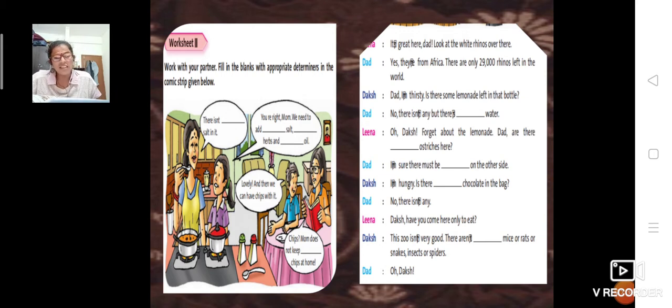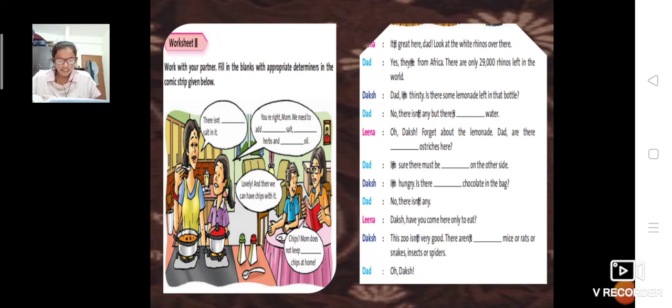Daksh says, I'm hungry. Is there dash chocolate in the bag? He is asking, is there any chocolate in the bag? Children, we have to see the answer also. Dad is saying no, so the question should be with any. Is there any chocolate in the bag? No, there isn't any. Lena, Daksh, you haven't come here only to eat?